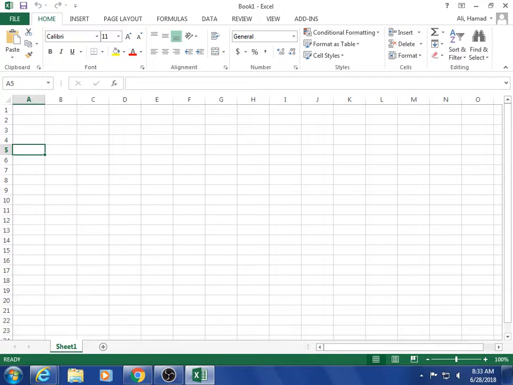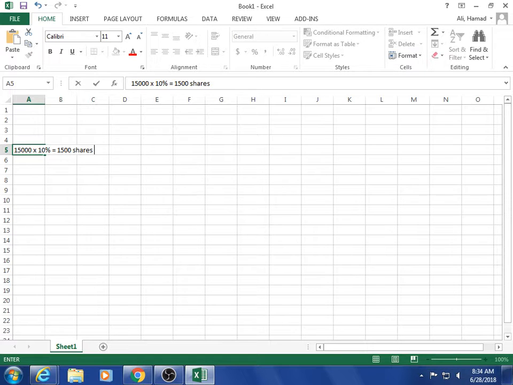So 15,000 times 10% is equal to 1,500. These are the shares that are given as a dividend: 1,500 shares.